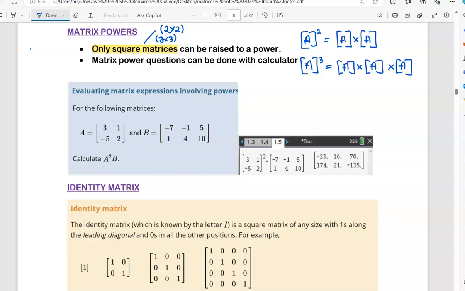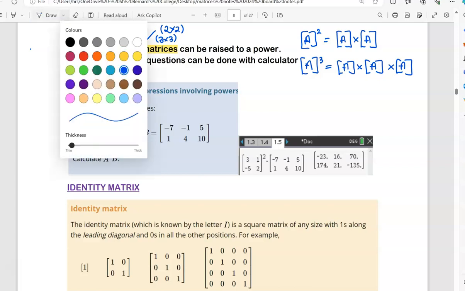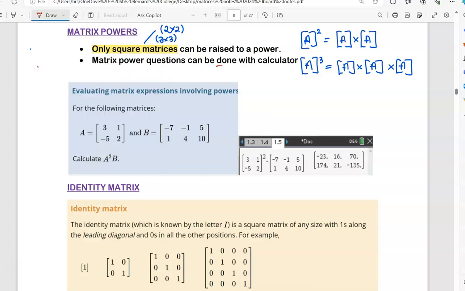Now you can see I've written there as well, you only do these on the calculator. You never have to do them manually. If they got you to do a square, it'd just be 1x1, but they won't do it. We just do them on the calculator. So you can see here, when they asked me to calculate A squared times B, I know there's powers involved, so you just go straight to the calculator.